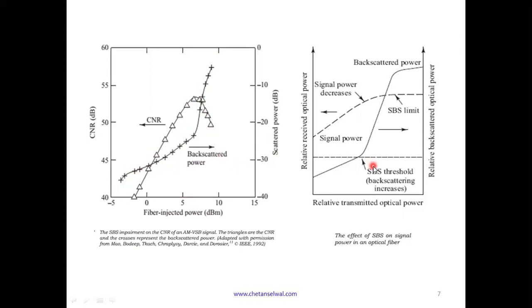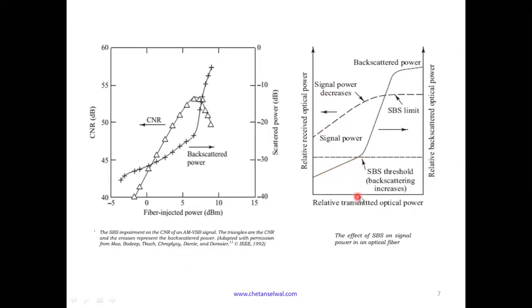We can also understand it with the help of this second graph, where on the x-axis we have taken the relative transmitted optical power. On the y-axis we have plotted two things: signal power and backscattering power. So as we increase the input signal power on the x-axis, what we can see is that the output signal power increases in a linear fashion, which should ideally be the case. And backscattered power is also increasing slowly.